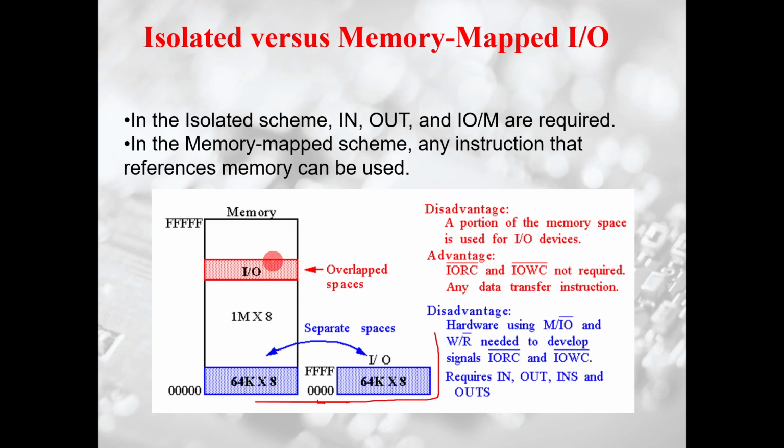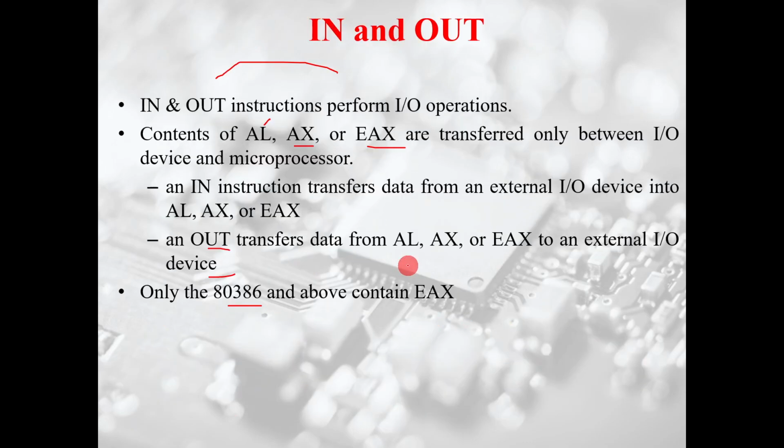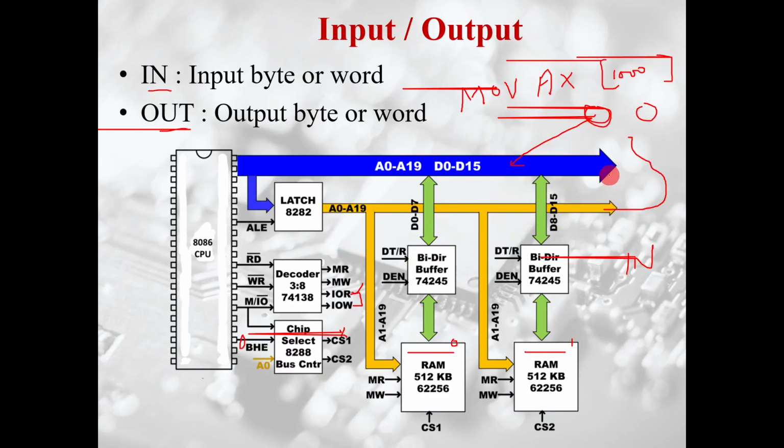And now suppose for some application there is some memory that we are not using. In that case we can assign these memory locations as ports, and then we can use the same move instructions, obviously. Once that particular address is there, you will require that decoder, but you don't require the IOR signals at all.